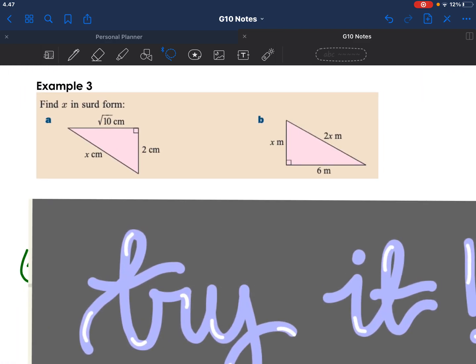Alright, so let's make it a little bit more challenging. These are the legs, and we're finding the hypotenuse. And the leg here has a surd, or a root there. Go ahead and find that.